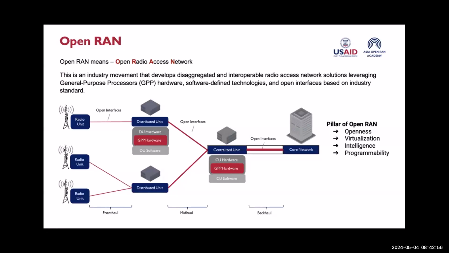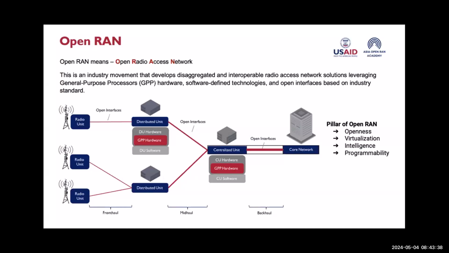So what will happen is that if there is a new component or new interface that will be introduced in the Open RAN, that's the time that the O-RAN Alliance will create a new specification. So the key here is that there should be no overlapping of defined specifications between the 3GPP and the O-RAN Alliance. Okay. So we see that the pillars of Open RAN are openness, virtualization of the system, and of course, the presence of the RAN intelligent controller, which is the intelligence, and of course, the programmability.